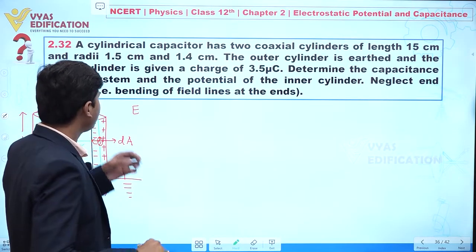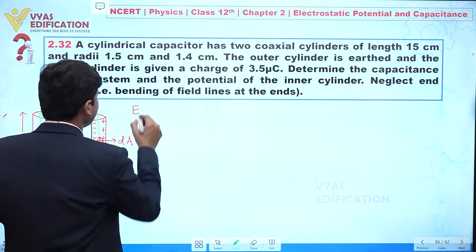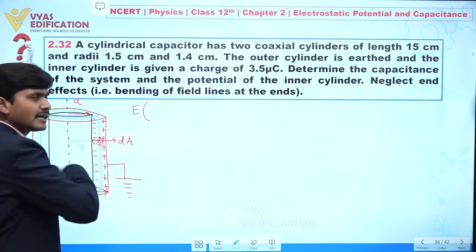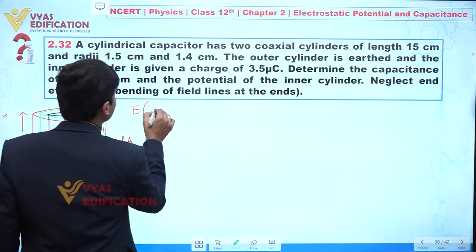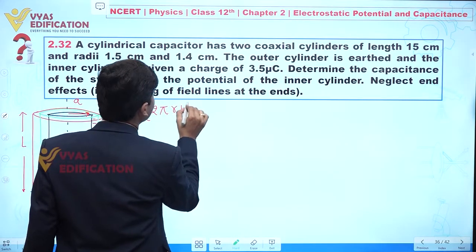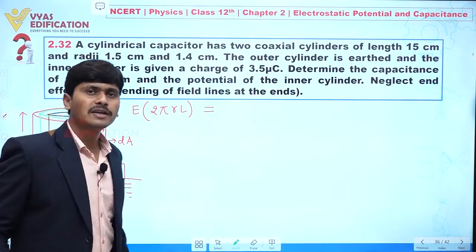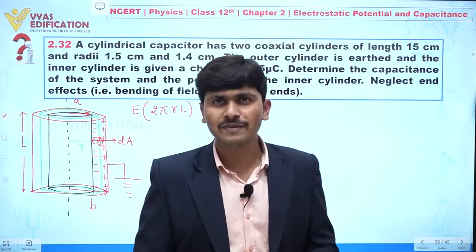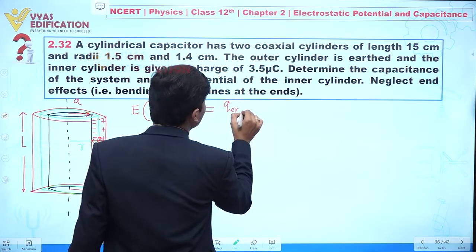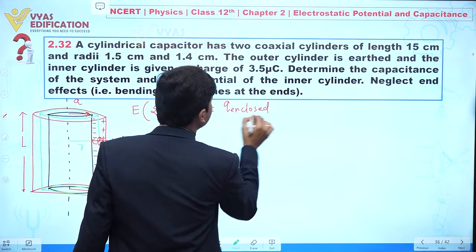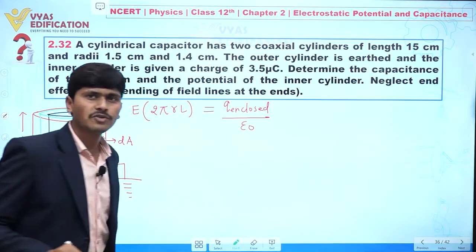So we can write E and dA. For dA, we take radius r, so circumference is 2 pi r, multiplied by L. So we can write 2 pi rL. This should be equal to the charge enclosed by the Gaussian surface, Q enclosed, divided by epsilon naught. Clear to you?